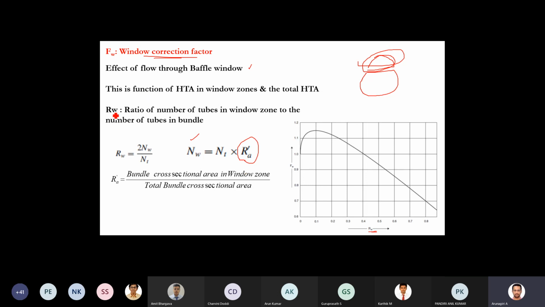So RW is the ratio of the number of tubes in the window zone to the number of tubes in the bundle. To calculate NW, we need the value of RA dash. RA dash is nothing but the bundle cross sectional area in the window zone to the tube bundle cross sectional area. Okay, so like this you can calculate the window correction factor.